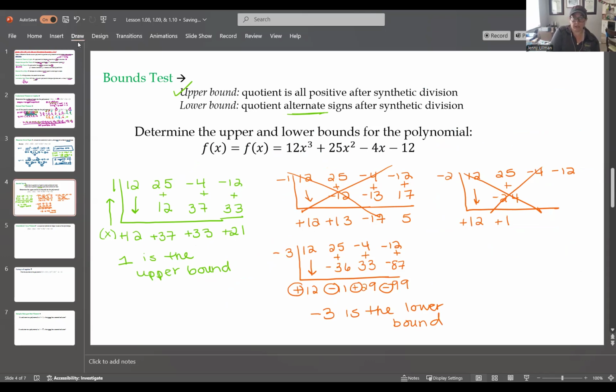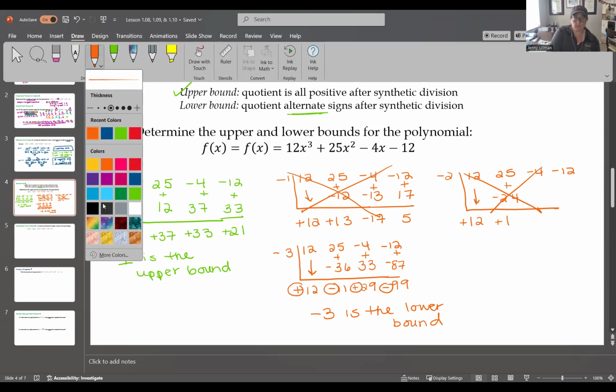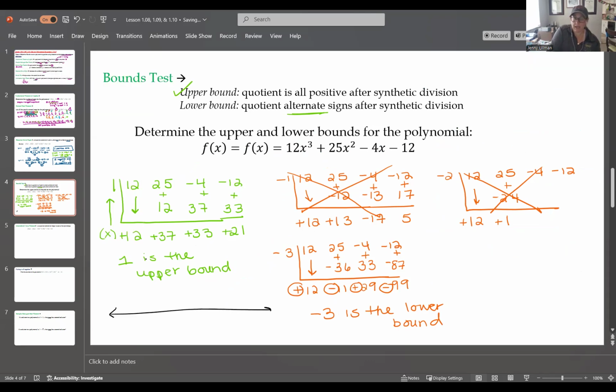Okay, so if we're thinking number line, when I started this, I had possible answers that ranged all between -12 and +12. From that list that I made, I have answers all the way from -12 to +12.